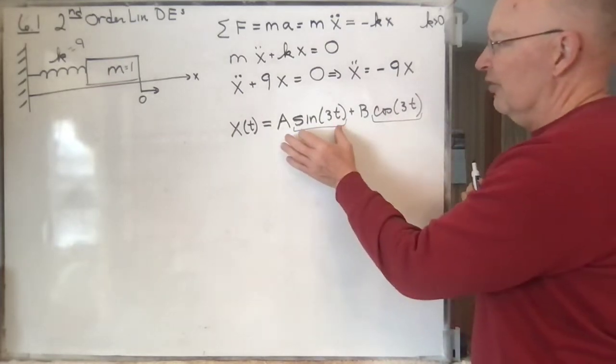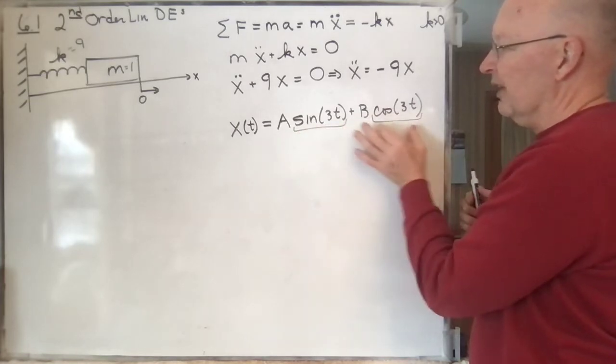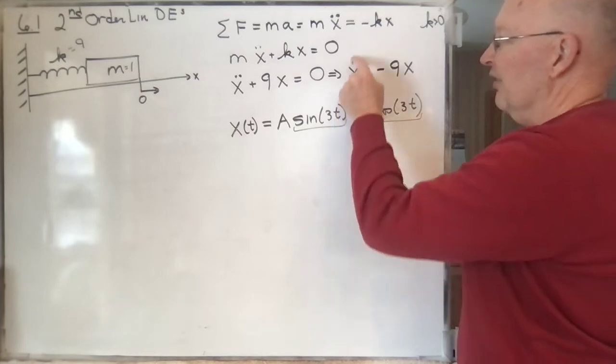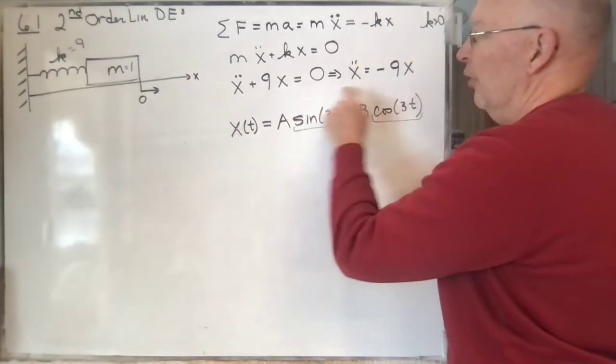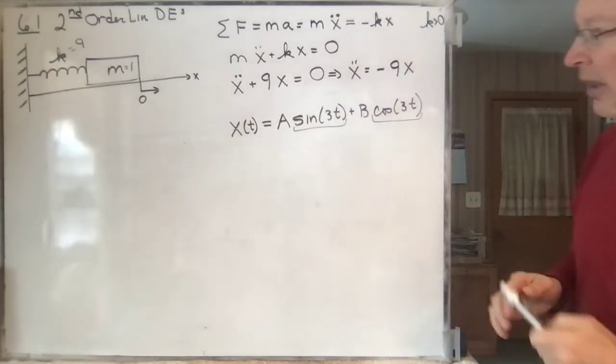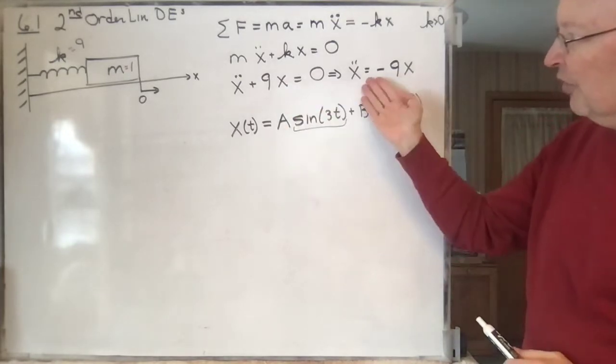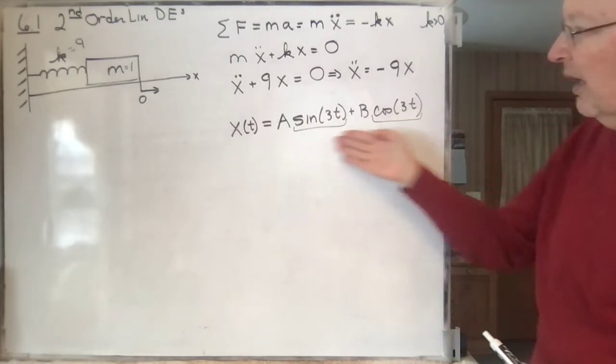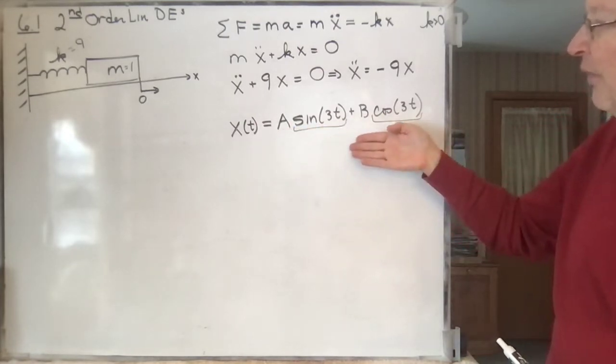It has two linearly independent vectors, and so these two right here make up the basis for the solution set for this differential equation. And every solution to this thing right here is in this form.